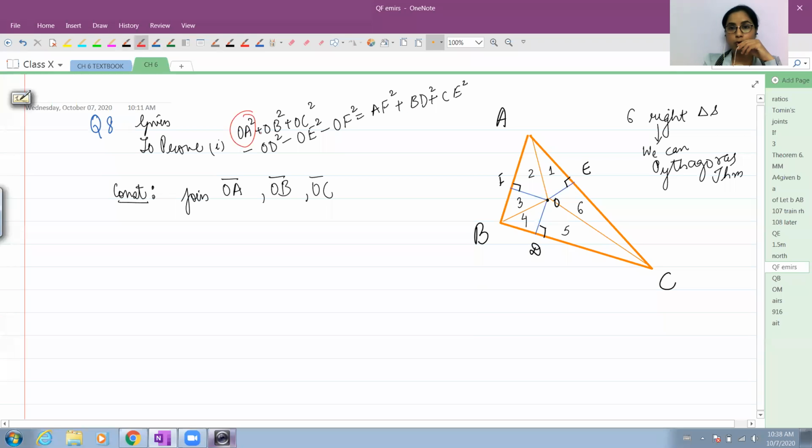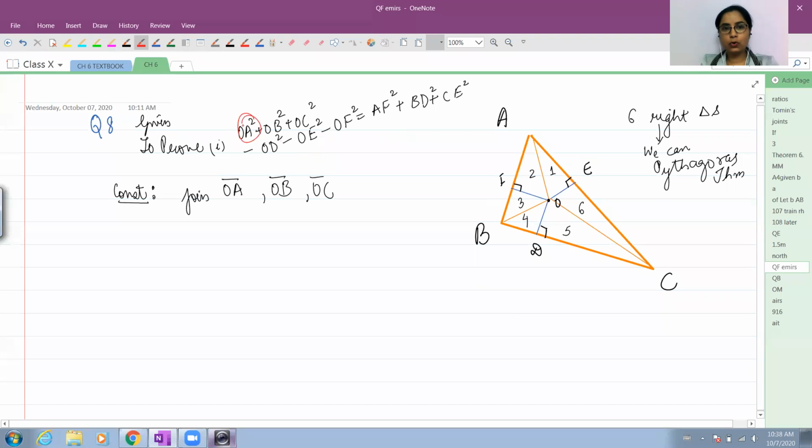So you can see OA, OF and AF. To which triangle do these belong? Triangle AFO. That's correct. It's triangle number 2. So this is what we're going to start with.